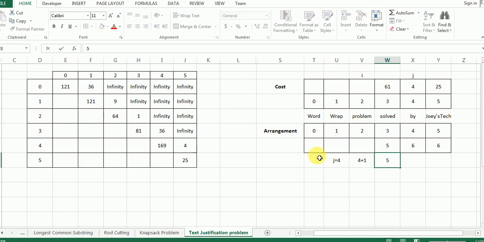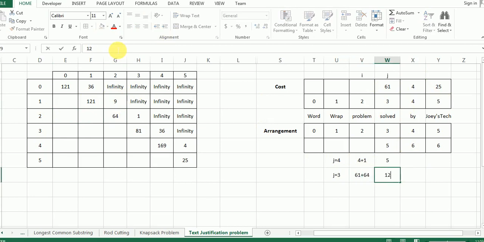Now I'm going to move J further left. That means I am checking for the value when the split happens at 3. So when J is equal to 3, that means 61 plus what will be the value at 2 and 2? It is going to be 64. So the combined value is going to come out as 125.